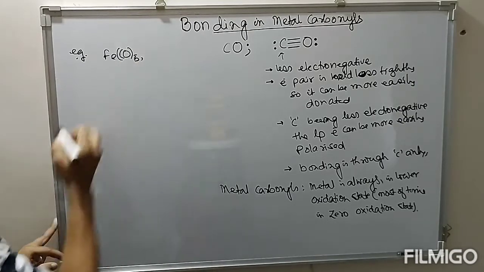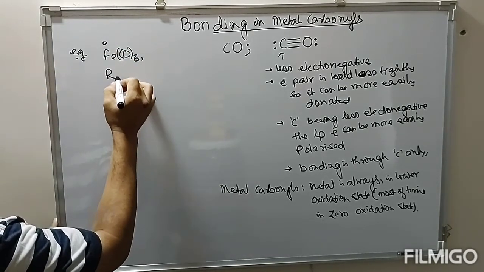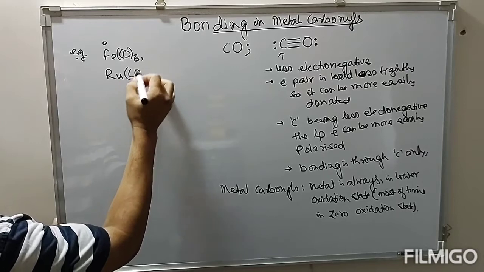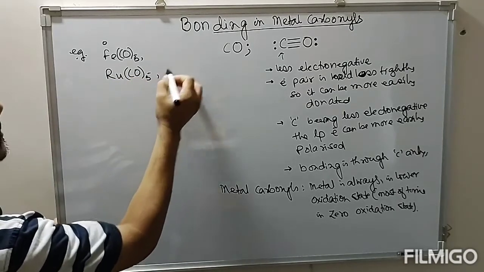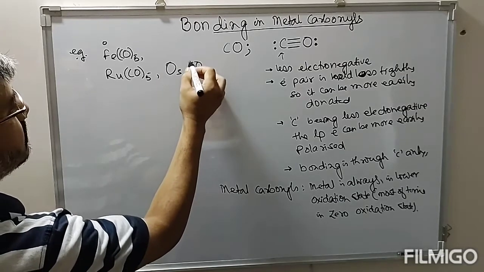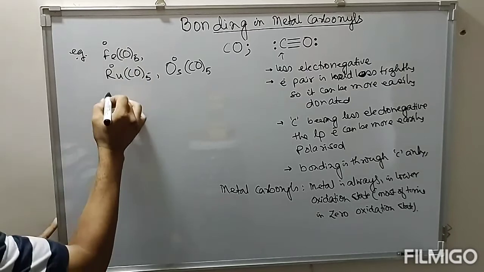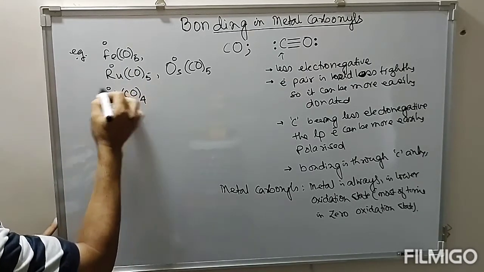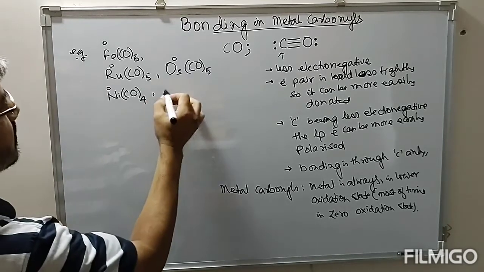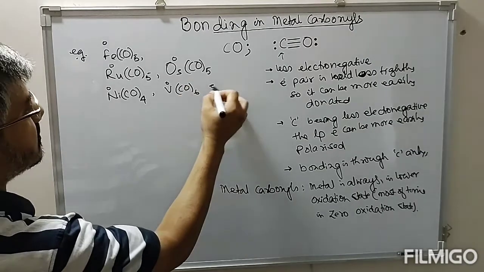Iron pentacarbonyl, so iron is in the zero oxidation state. Ruthenium pentacarbonyl, again zero oxidation state. Osmium pentacarbonyl, again zero oxidation state. Nickel tetracarbonyl, nickel in zero oxidation state. Vanadium hexacarbonyl, again zero oxidation state.